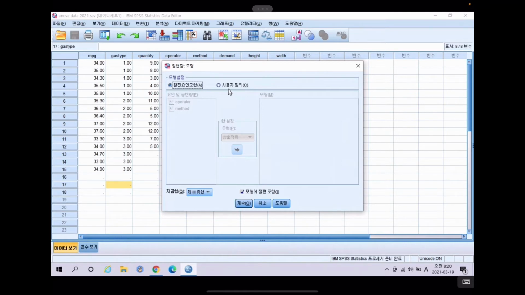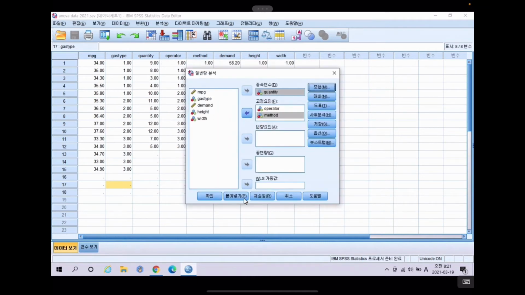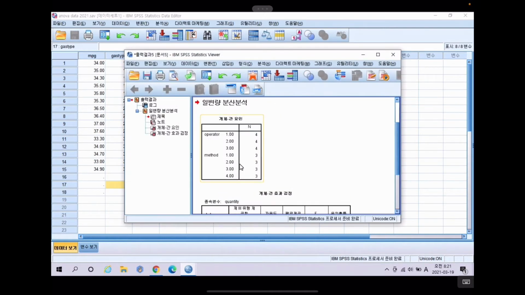If you don't have an interaction effect, such as in our case, you need to select this one. You move the two factors to the right, press the continue button here, and you will have the results.